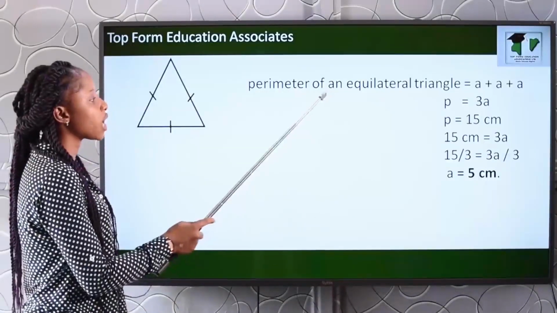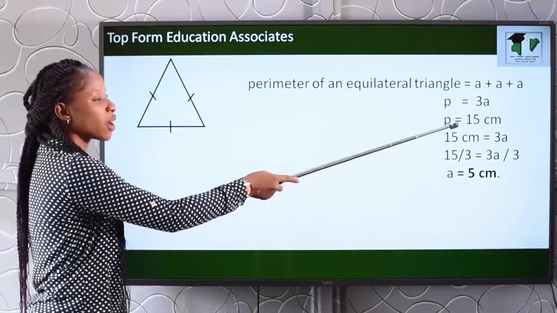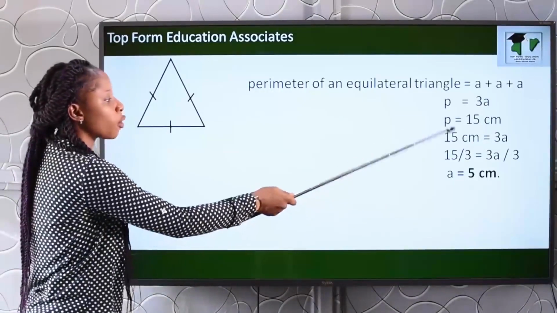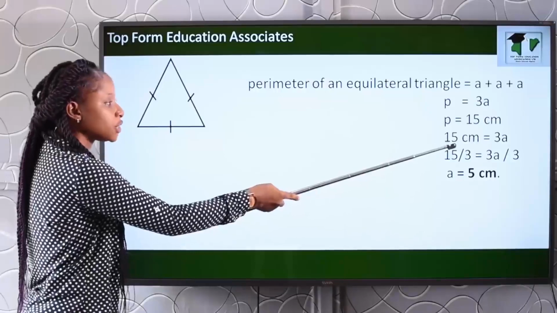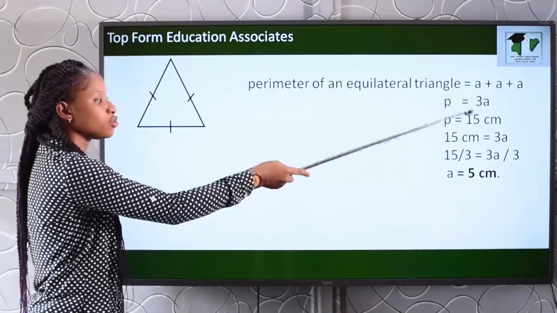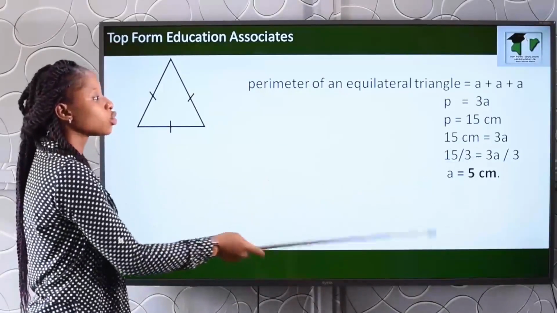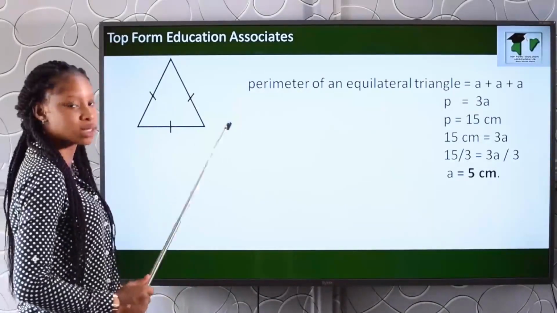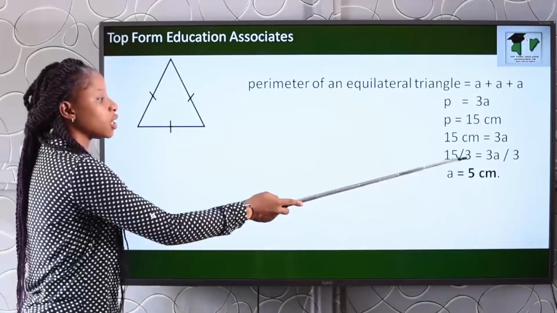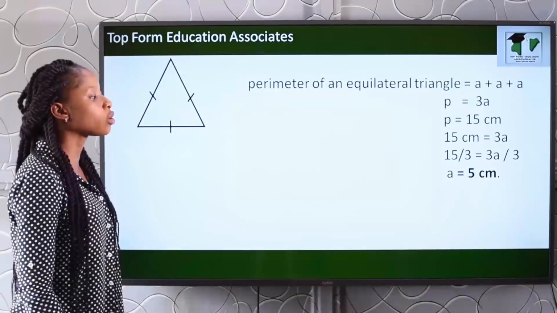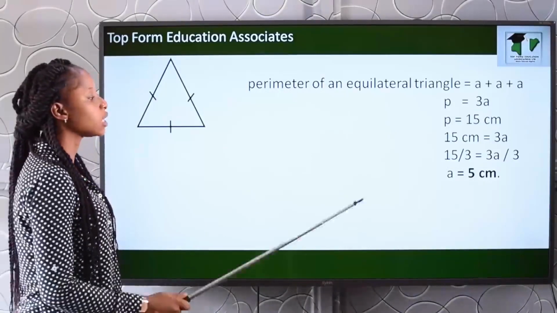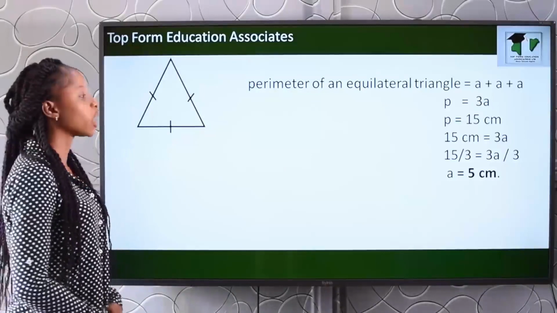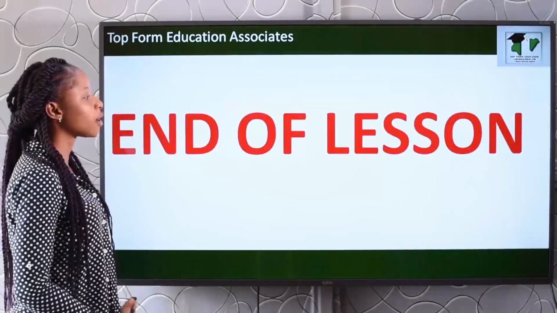So simply imputing it into the formula, P equals 3a, 15 centimeters is equal to 3a. To get our a, which is one side, the same as the length of the other sides because of course they are equal, you divide by 3. So a is equal to 5 centimeters. If you got that correctly, please put your hands together for yourself.